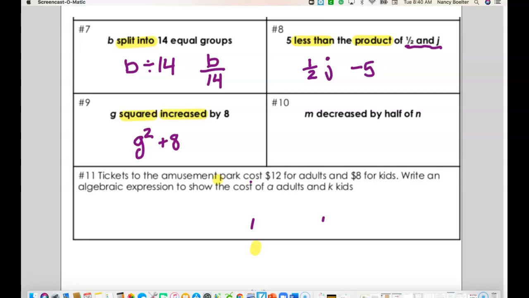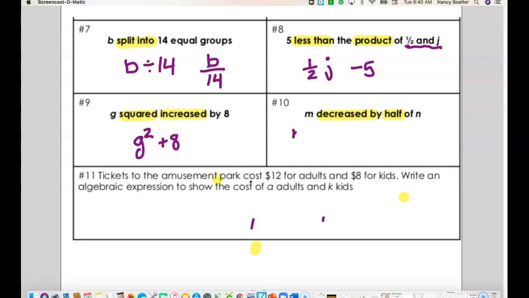Then number 10, we have M decreased by 1/2 of N. So that's going to be a multi-step one again.